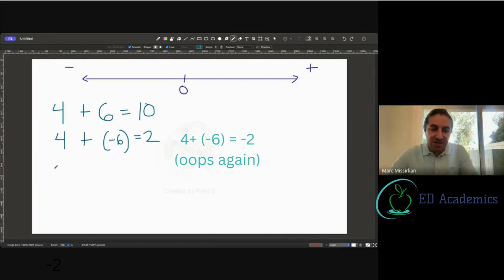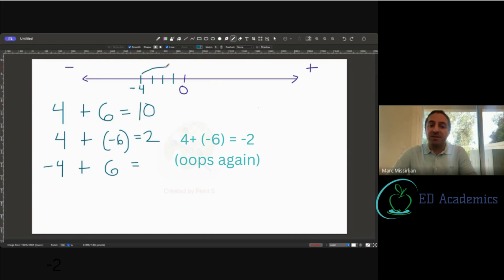So far, so good. All right, here we go. What about negative 4 plus 6? This one's a little bit different. We're still adding 6. We're still going to go to the right. But instead of starting at positive 4, we're going to start at negative 4 on the number line, which is right here. So if I'm going to start at negative 4, I'm going to add 6.